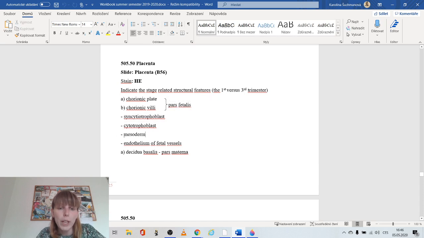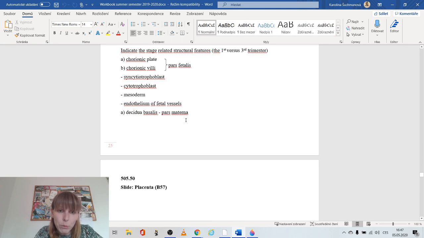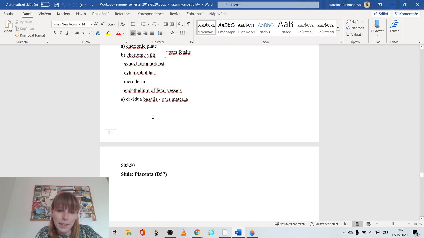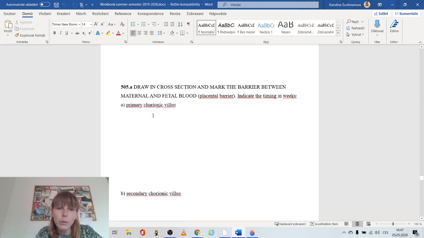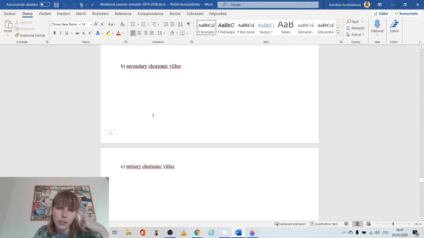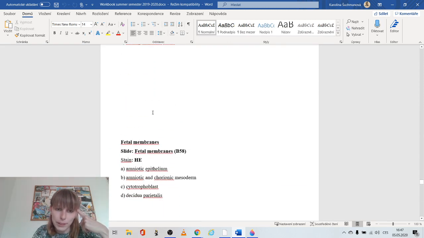We should be able to find the extraembryonic mesoderm, which will be inside the villi, and we should see the fetal blood vessels and their endothelium, which is part of the barrier between the blood of the fetus and the blood of the mother. And then we should see the maternal part of the placenta, the decidua basalis. And then you have the different stages of the villi which you have in the presentation.